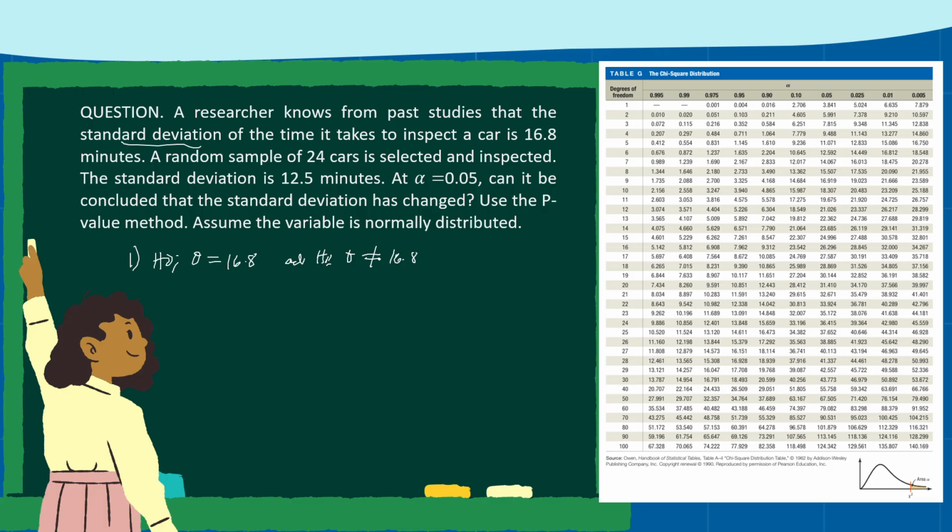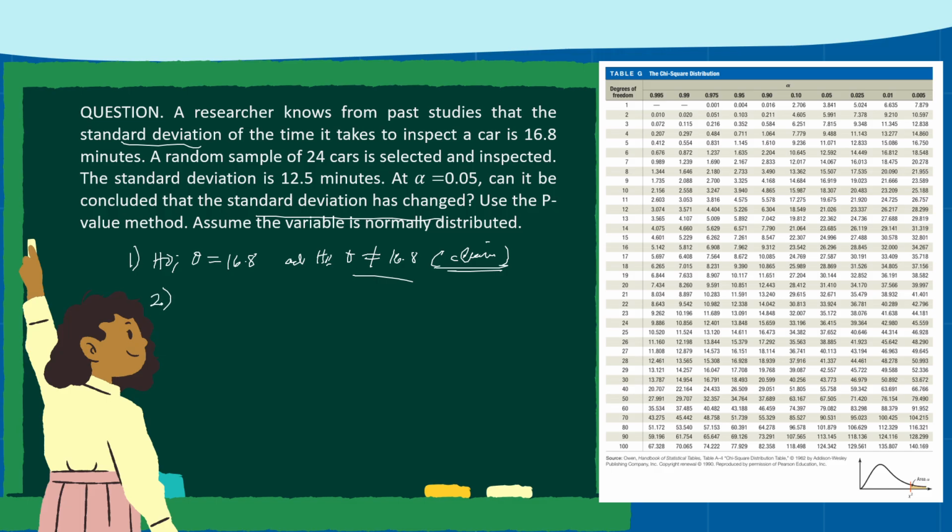The researcher noted that the standard deviation of the time it takes to inspect is 16.8. So what would be our claim? A random sample was selected and inspected, the standard deviation is 12.5. At alpha, can it be concluded the standard deviation has changed? So our claim is that the standard deviation has changed.